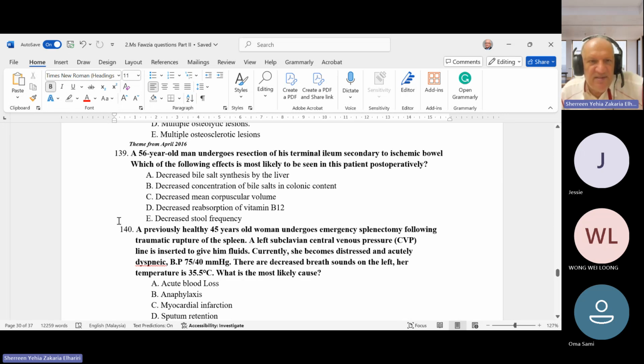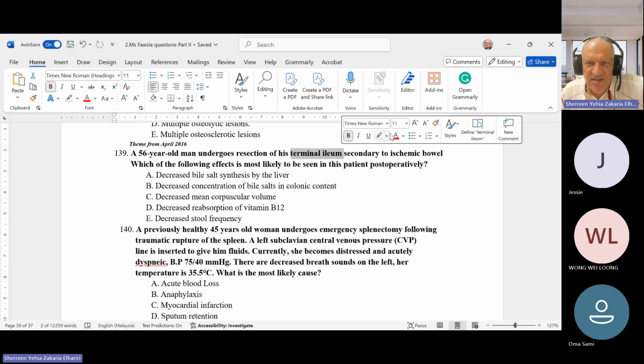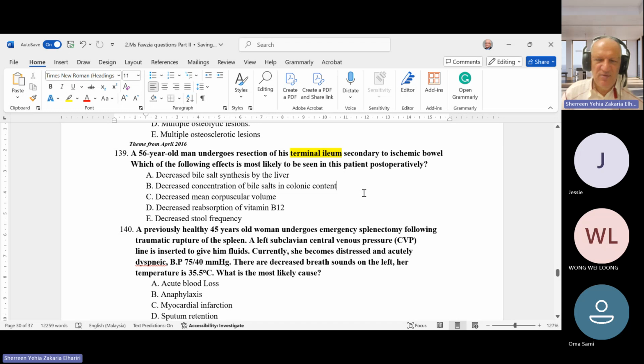Next question is a 56 years old man who undergoes resection of terminal ileum. It's a very important topic simply because terminal ileum has two functions. It is the site of vitamin B12 absorption. It is the site for enterohepatic circulation. And it is important to know vitamin B12 absorption also needs intrinsic factor, and intrinsic factor comes from the stomach.